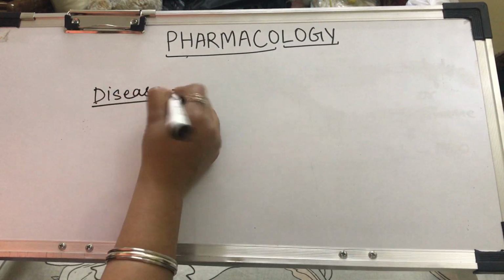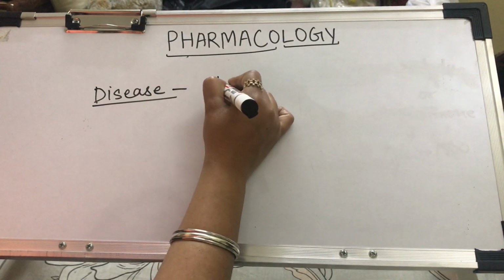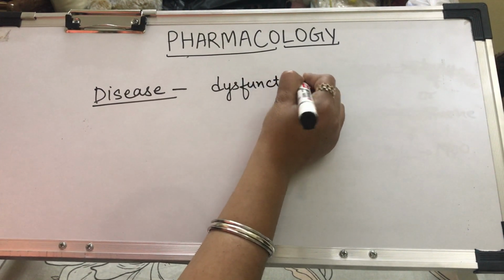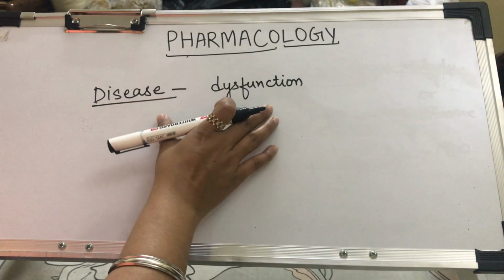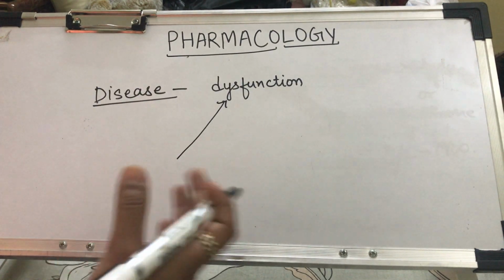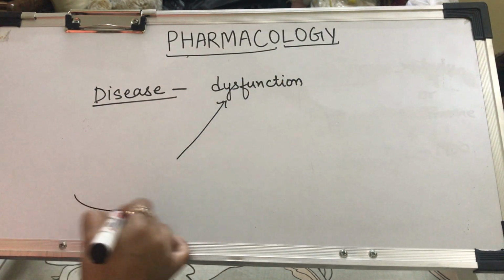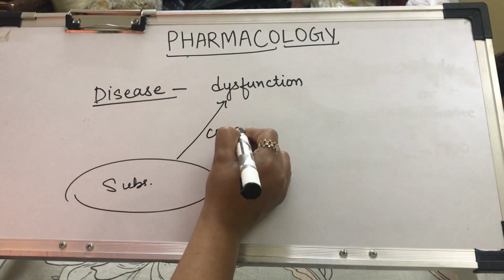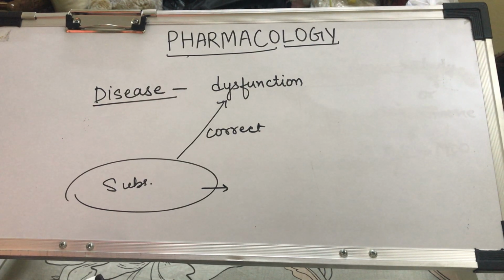Disease is some kind of dysfunction in the body, and how that dysfunction is caused, we should know so as to correct it. And when we know what the dysfunction is, we will find a substance which is going to correct it, and that will be our drug or medication.